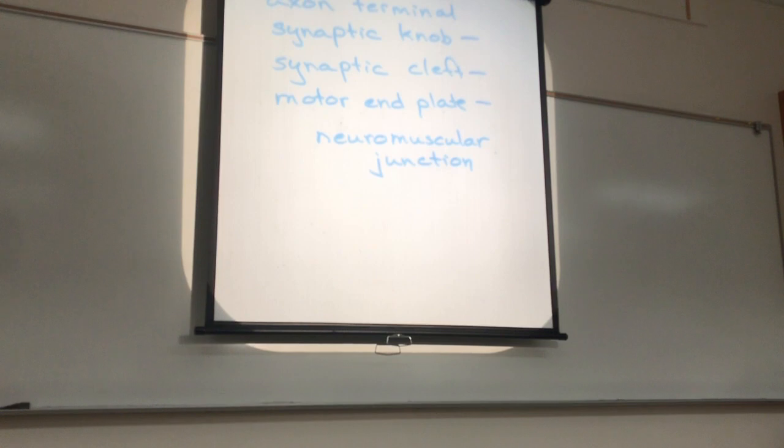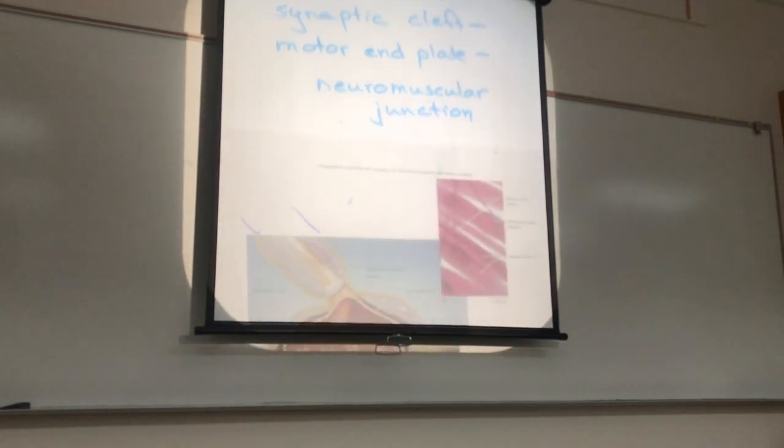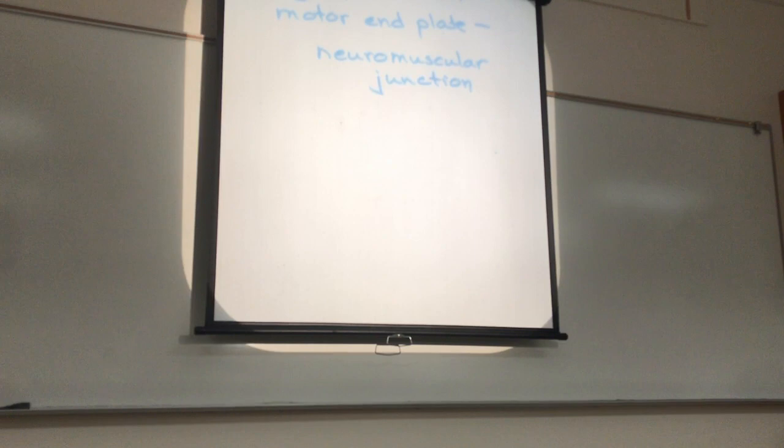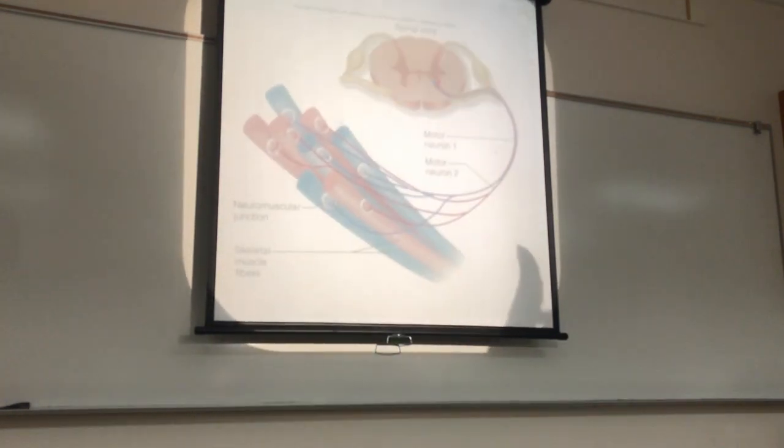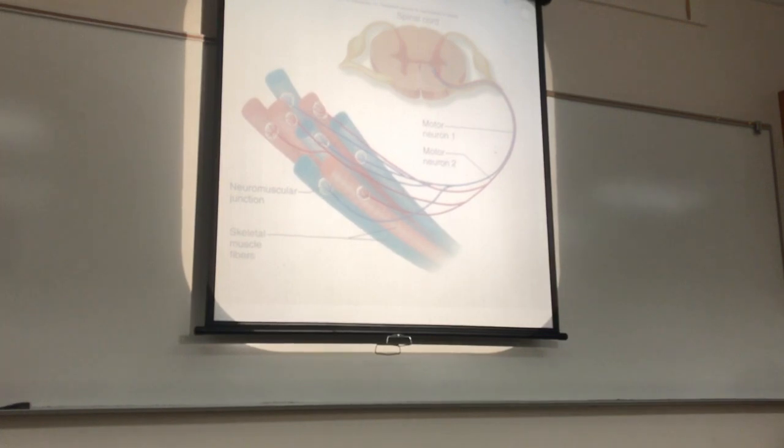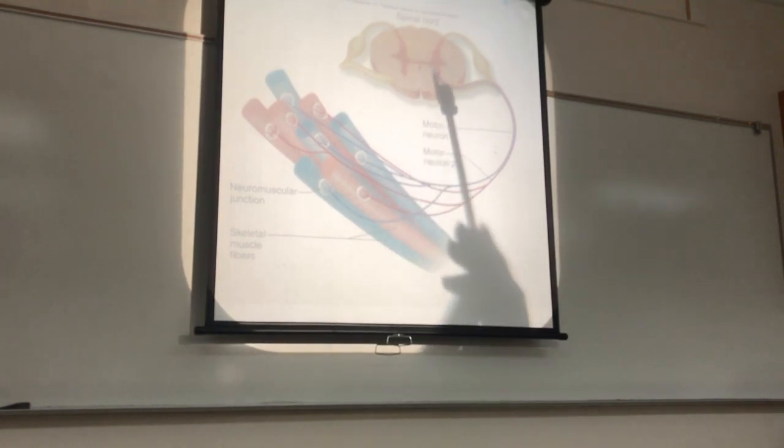Now, muscle cells can have action potentials and neuron cells can have action potentials. They're both excitable cells. So I want you to imagine that an action potential has been started up in the pink neuron.